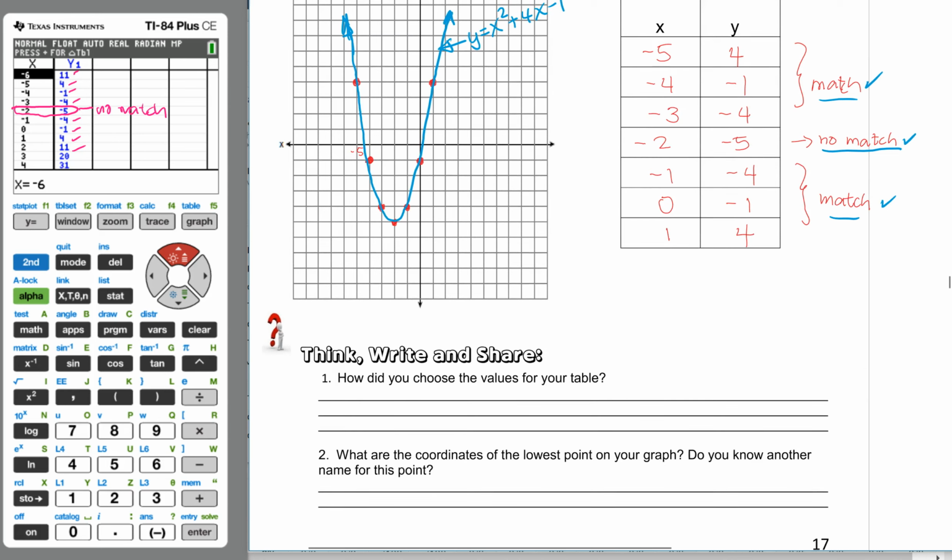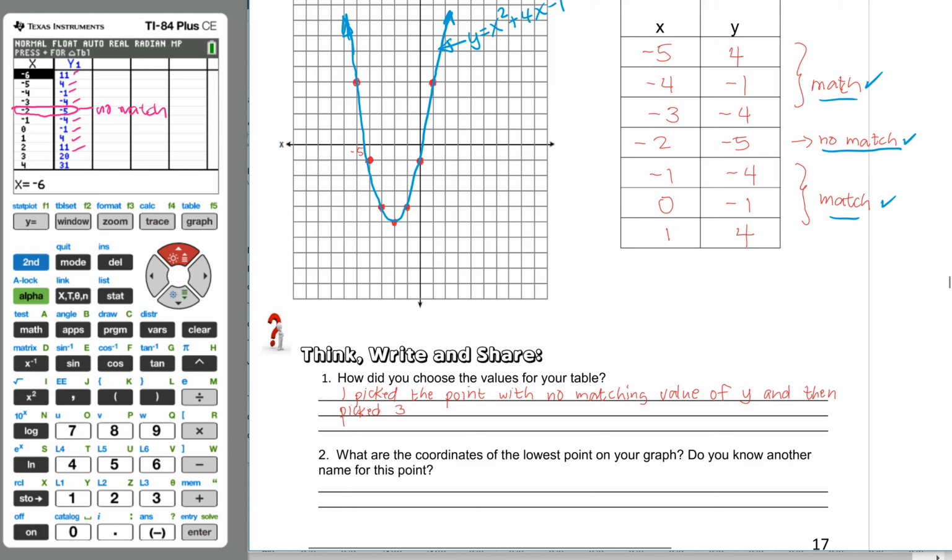I would say that I picked the point with no matching value of y, and then picked 3 more points.